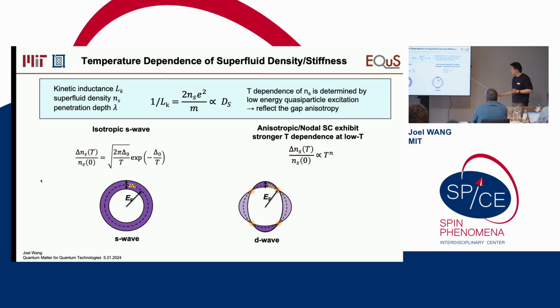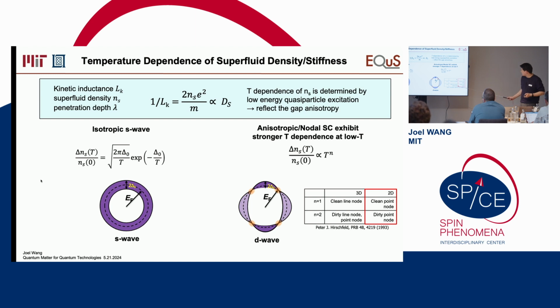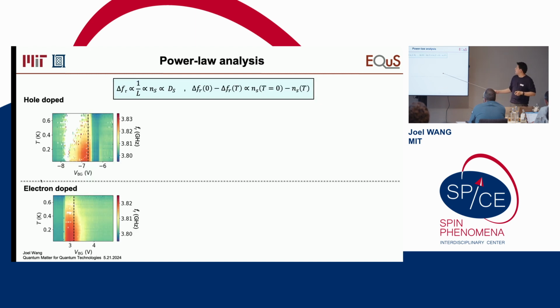And the value of n can characterize what kind of superconductivity it is. Typically, for a 2D superconductor, n equals 1 corresponds to a clean point node, and n equals 2 corresponds to a dirty point node, like a superconductor with high disorder. So we put this relation into our data, and we are trying to see how it behaves.